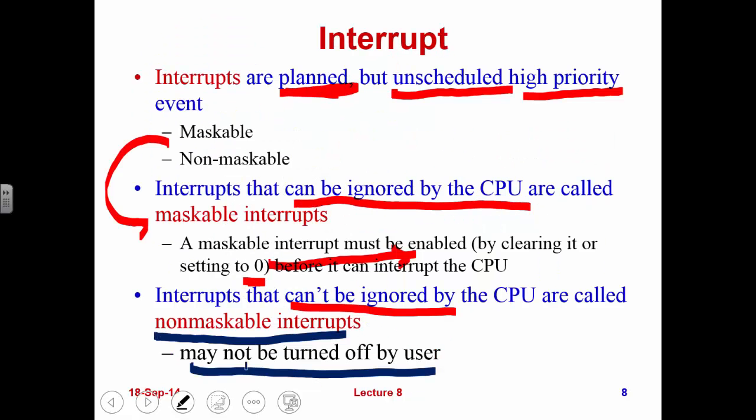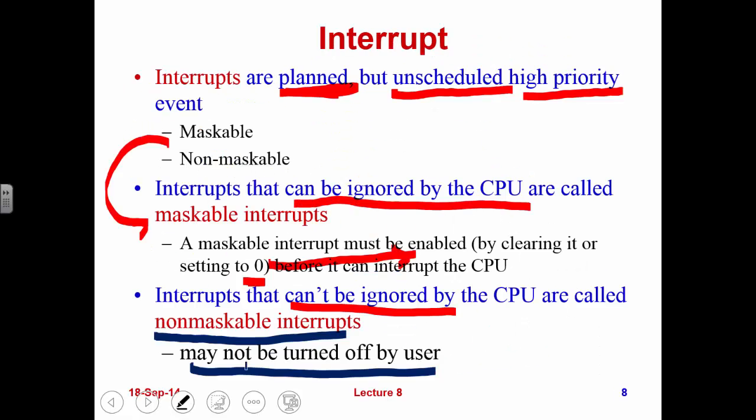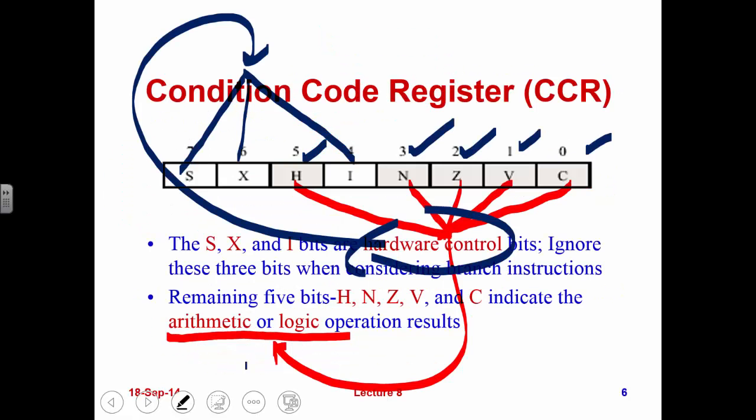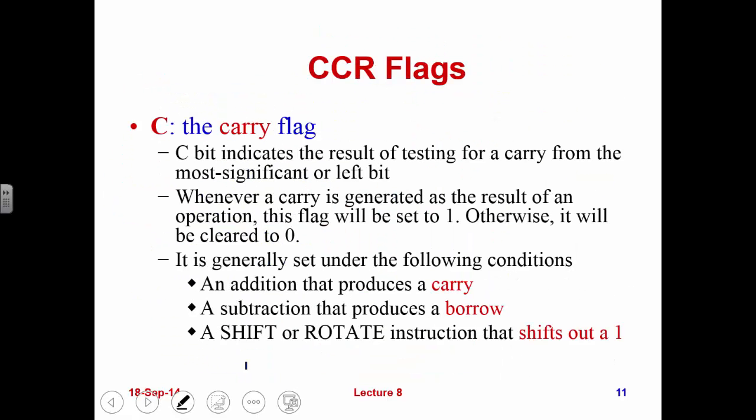While we are more interested, when we study branch instructions, in these 5 bits: X, H, N, Z, B, and C. We are very interested in these bits. So let's discuss these 5 bits we are more interested in for branching.